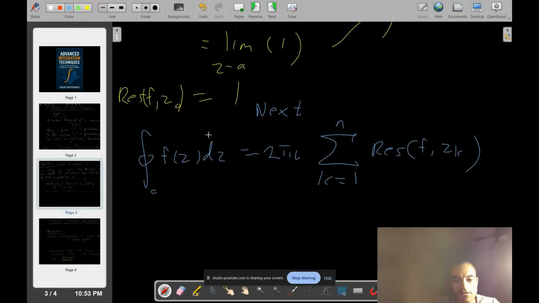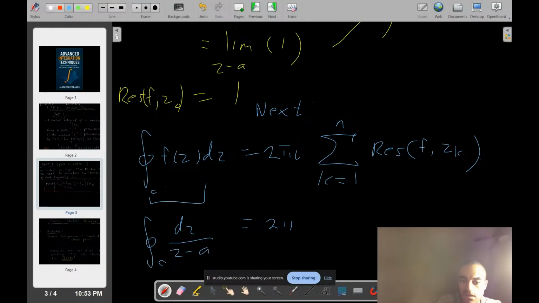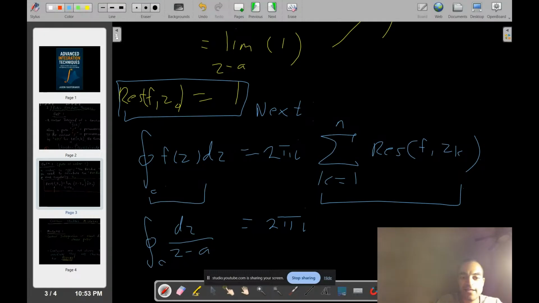Because I want to evaluate this integral, and the integral that we're looking for was this guy here, dz divided by z minus a, the complex integral. So this becomes 2 pi I times the summation of this. Summation of this is just this residue. We only had one residue that we had to calculate because we only have one pole. So 2 pi I times 1, and that gives us 2 pi I, and that verifies why this is equal to 2 pi I. Does that make sense?